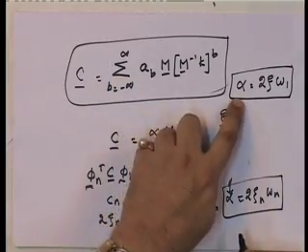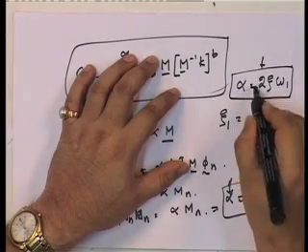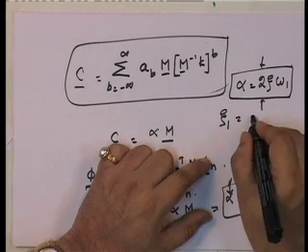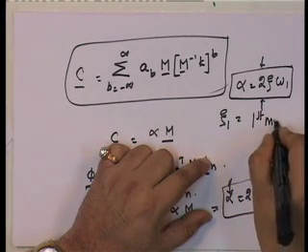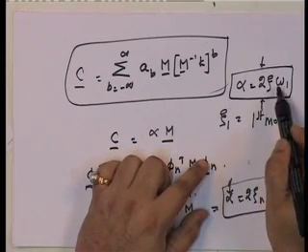Note that this defines alpha, because I am saying that in the first mode this is xi.